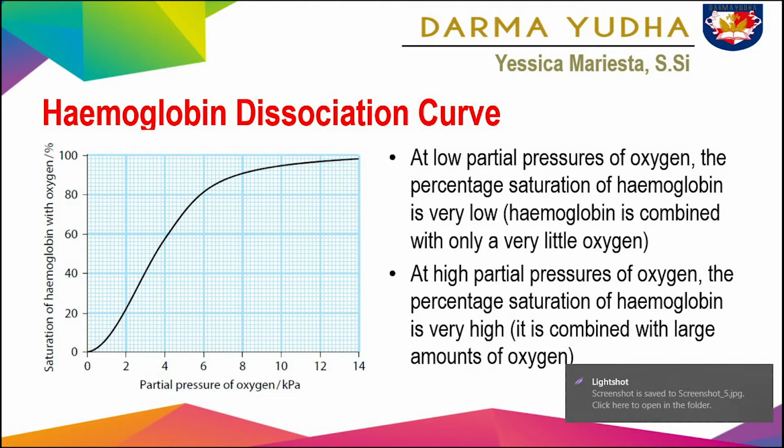In actively respiring muscles, on the other hand, where the partial pressure of oxygen is low, the hemoglobin will be about 20 to 25% saturated with oxygen. So it means that the hemoglobin is carrying only a quarter of the oxygen which it is capable of carrying.